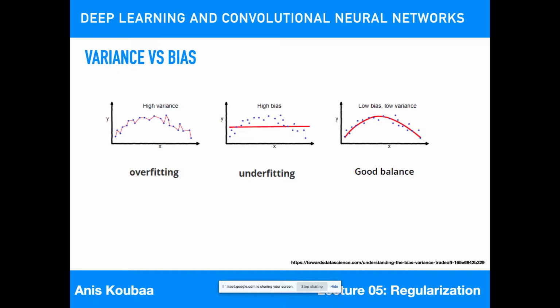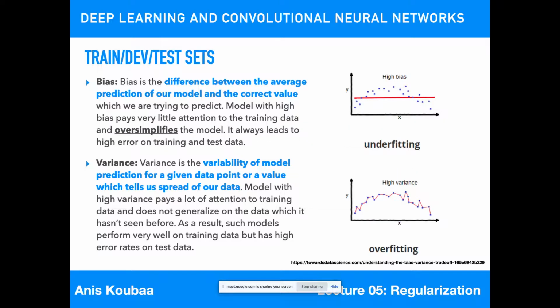It's never going to be exactly the same, but we want the gap to be, for example, 1% or maximum 2%. But if you have a gap of 10%, it means that you have something wrong in your model, and your model is not general enough.